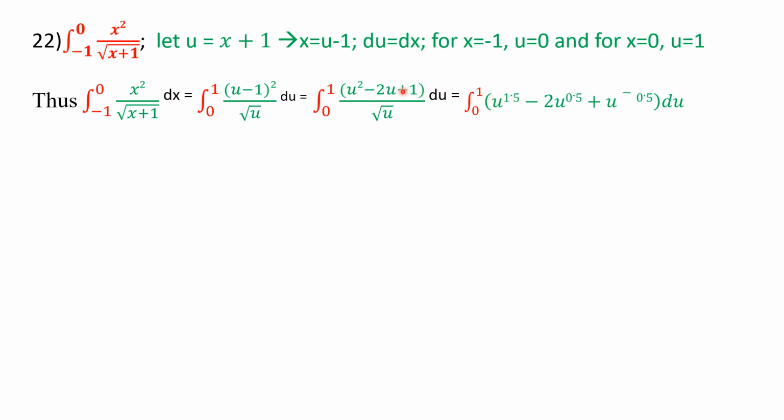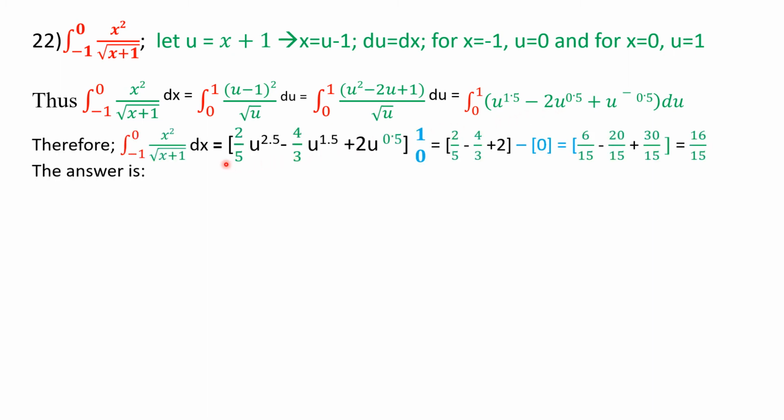The second term will become 2u to the power 0.5. The third term will just be u to the power negative 0.5 because the third term is 1. So now it's easier to go ahead and do the integration because it became a polynomial.